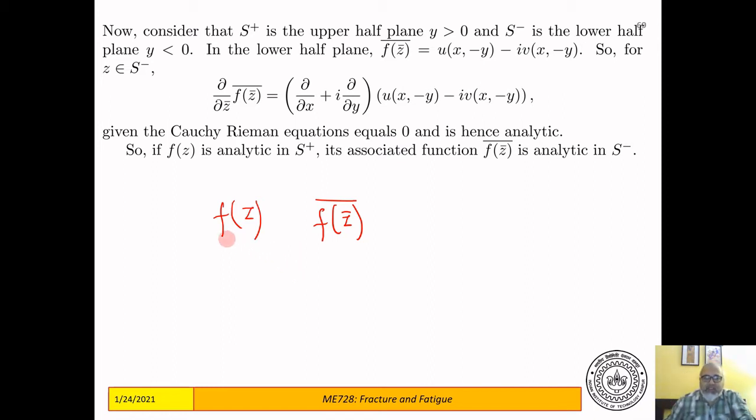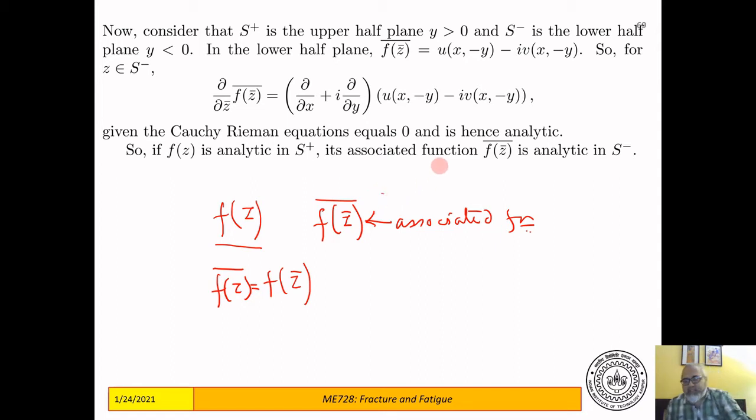So remember this: f(z) is a function of z only, f(z̄) is a function of z̄, and this is the associated function. This is a function of z and is also analytic.